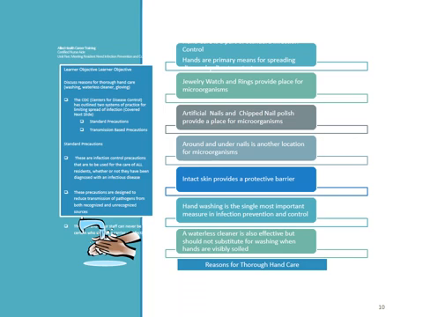Hand washing is the single most important measure in infection prevention and control. There's also a waterless cleaner. It's also effective, but it shouldn't substitute for washing your hands, especially if they are visibly soiled.